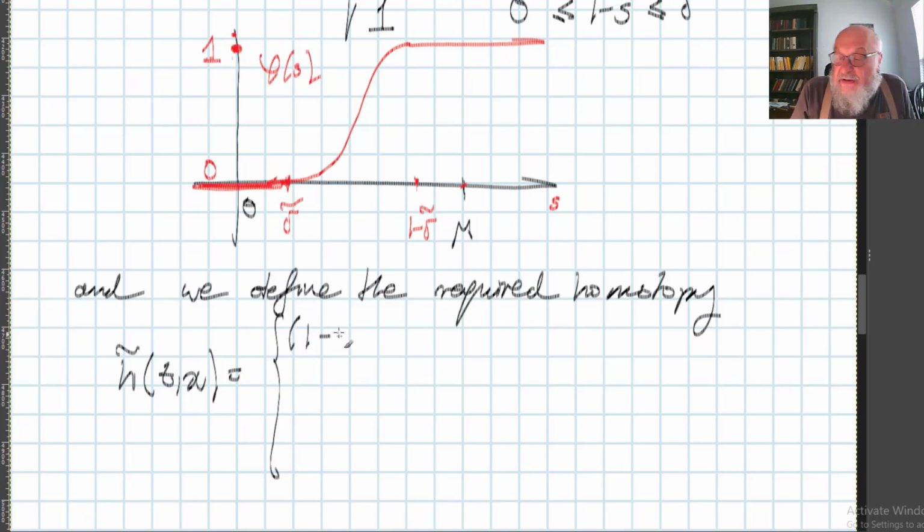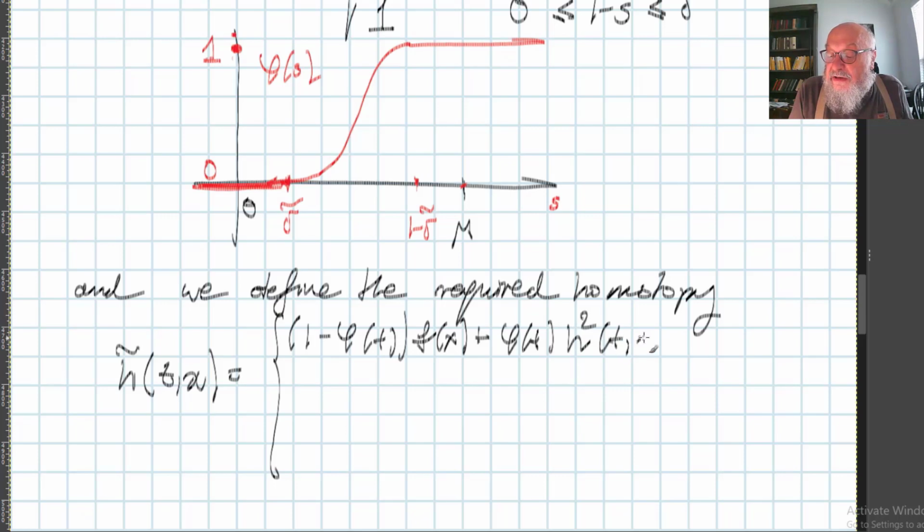Here I put 1 minus phi of t times f of x, plus phi of t times h2(t,x), and this will be in the case t is smaller or equal than mu.